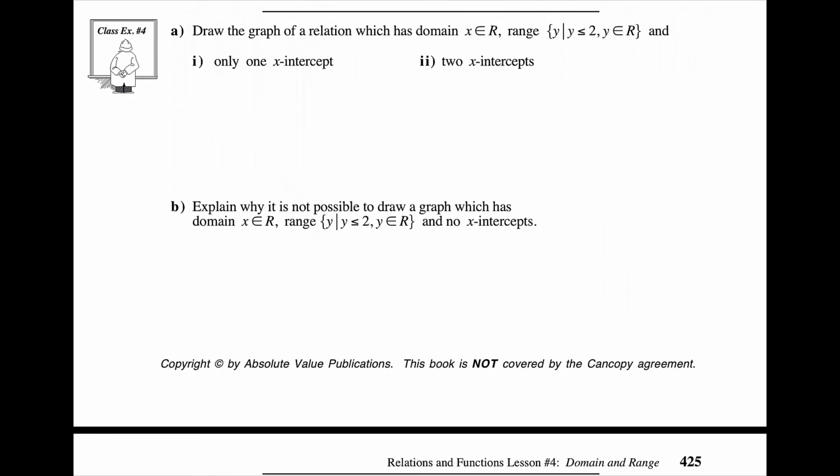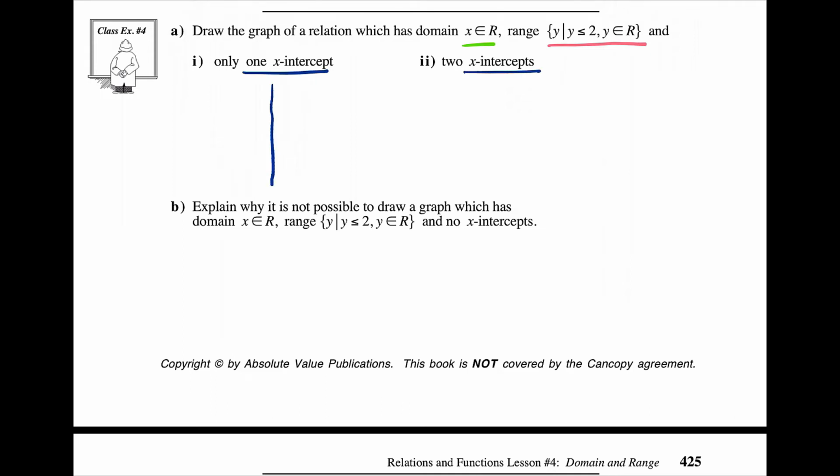So it says draw, class example number 4, draw the graph of a relation where x is a subset of all real numbers and the range is such that y is less than or equal to 2 and y is a subset of all real numbers. On this one, let's make it with 1 x-intercept, and this one says 2 x-intercepts.